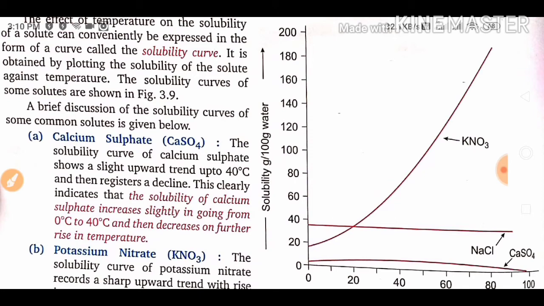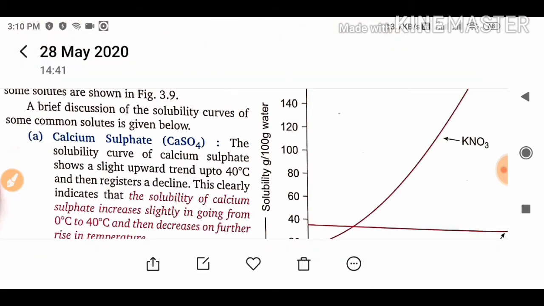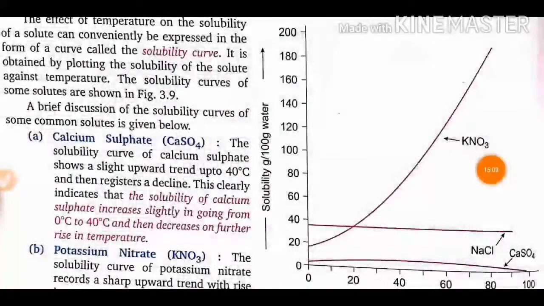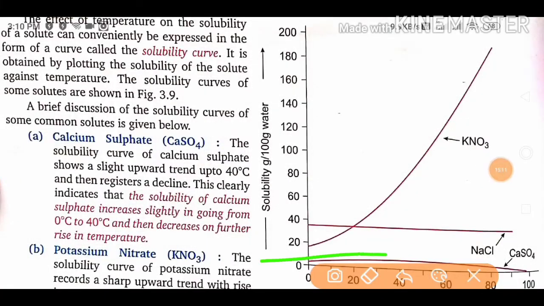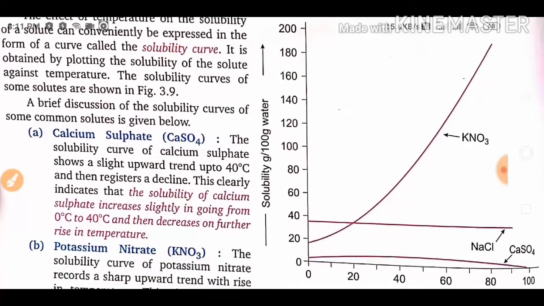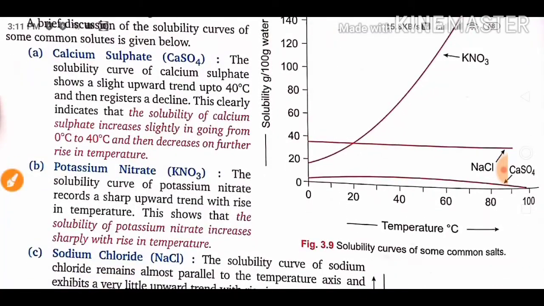This axis is the solubility in grams per water, and the temperature is given on the x-axis. You can see it increases till 40, where it is maximum, and then it declines slightly.